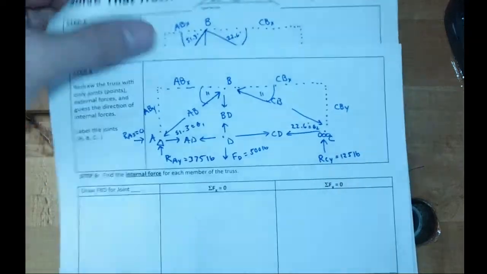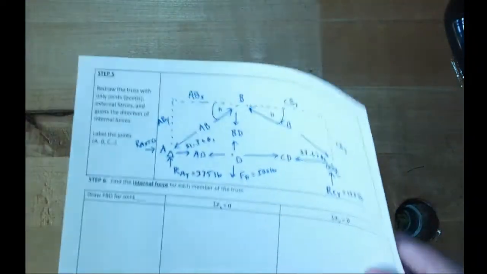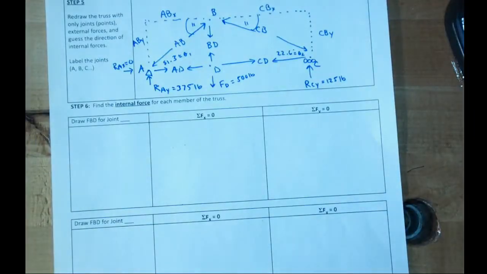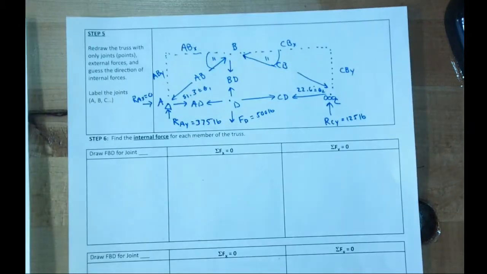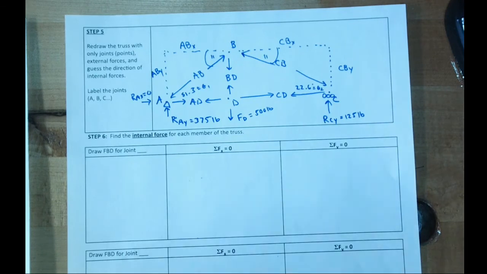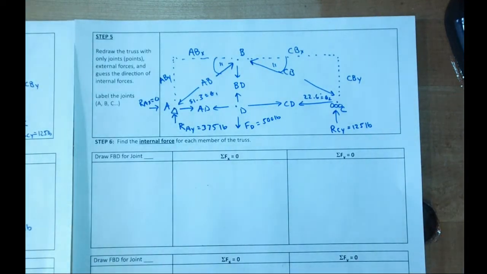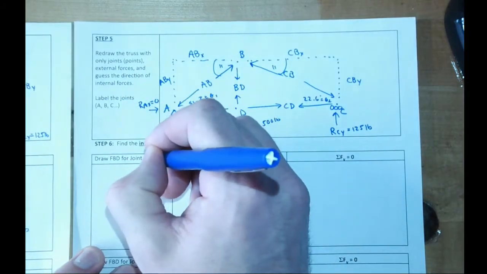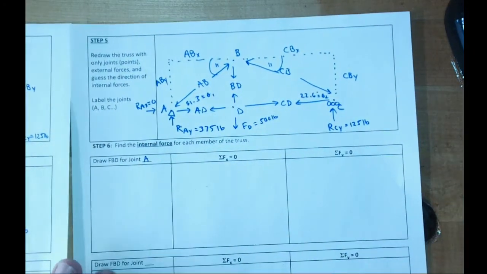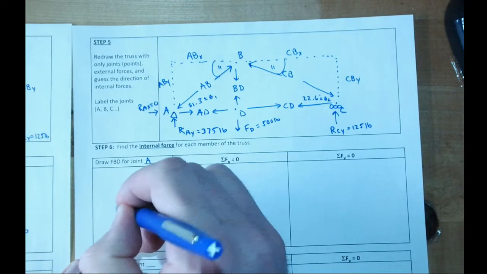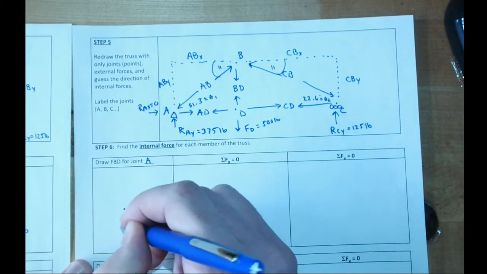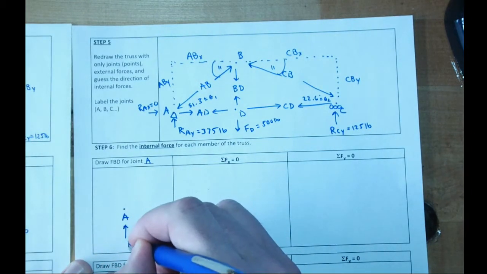Okay? Now, I'm going to start, and I don't really need this other page now. I'm going to start where I think the easiest way to solve is, because of the greatest amount of knowns. So I'm going to start with, in this case, A. I'm going to focus on just A, and I'm going to redraw exactly what I need for that.